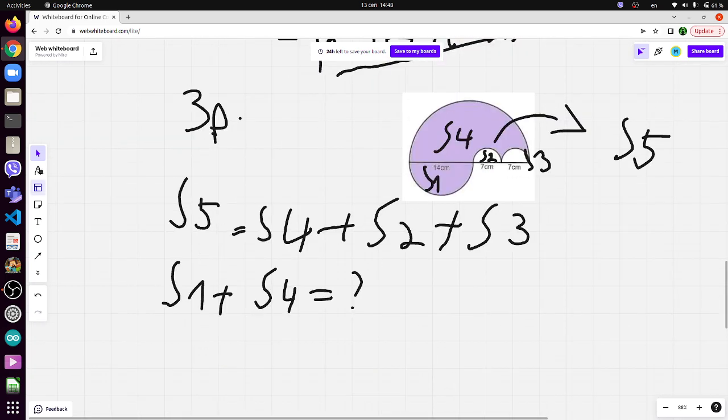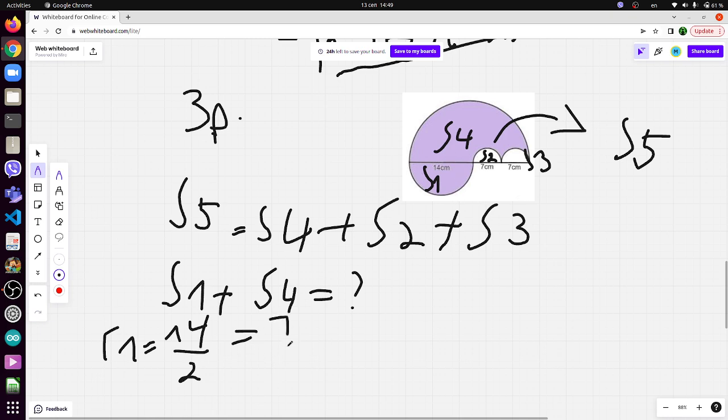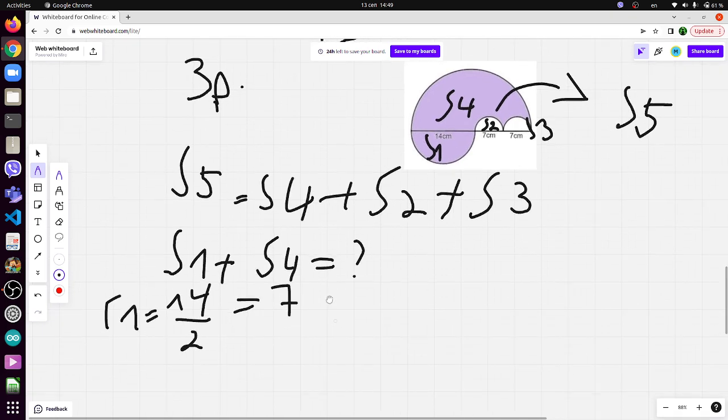So S1, the radius of S1, let's say it's R1, is 14 divided by 2, because that is the diameter. It's 7, and every radius is 1/2 of the diameter.